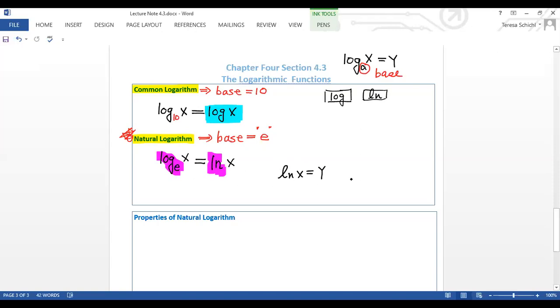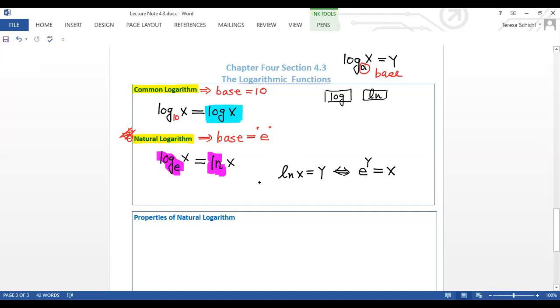So this really just says e to the y power is equal to x. Correct? That's what we call the natural log. So now you just need to recognize that if you see a natural log, it means the base is e.